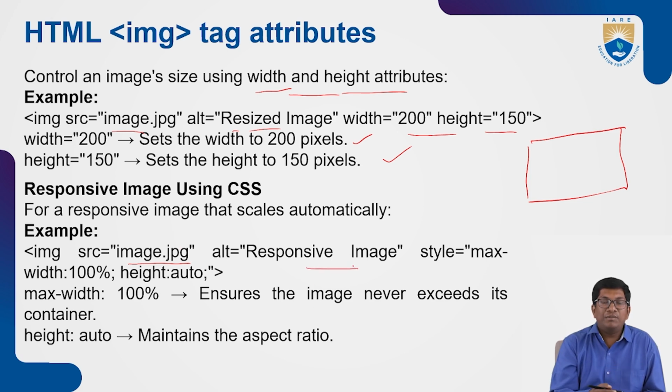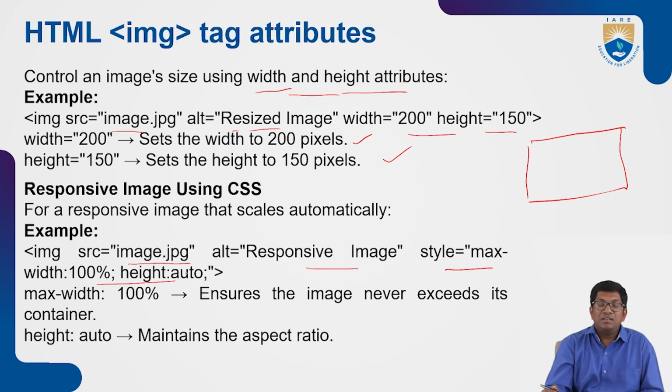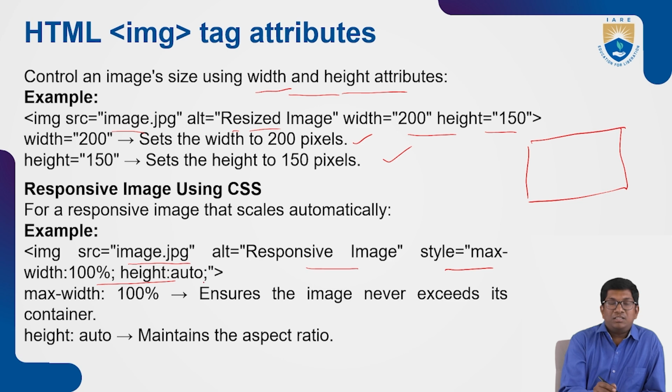Suppose that image is not available, then it displays the alternative text, and we can add the CSS for width and height. So style is equal to max-width. Based on the width of that photo or image, it will adjust automatically based on the web page. And the height also takes automatically based on the width.